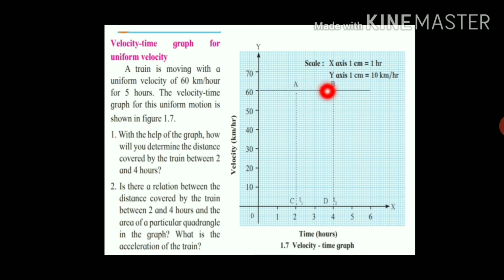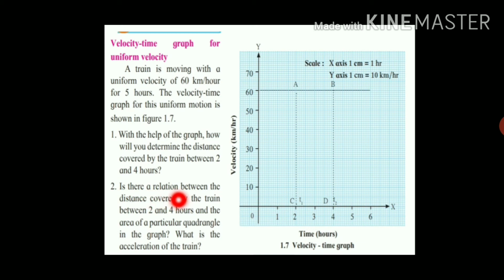The uniform velocity of the train is 60 km per hour, meaning in each hour the train covers 60 km, and therefore between 2 hours and 4 hours the train covers a total distance of 120 kilometers. The distance between A and B is 120 kilometers.